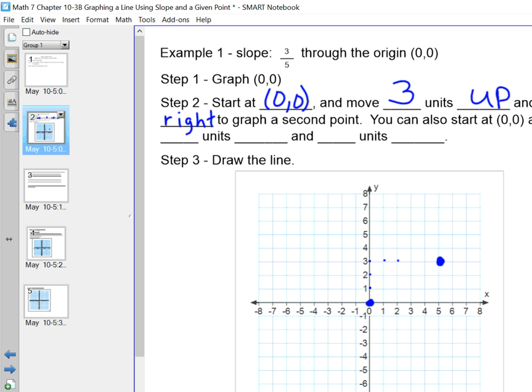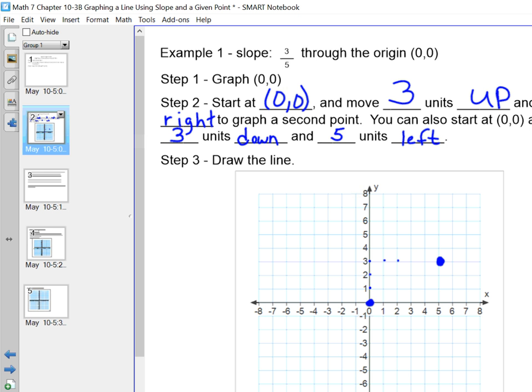We can also start at 0, 0, and we can move 3 units down, and then we can move 5 units left. Now up is a positive type of movement, so is right. Down is a negative type of movement, and so is left.